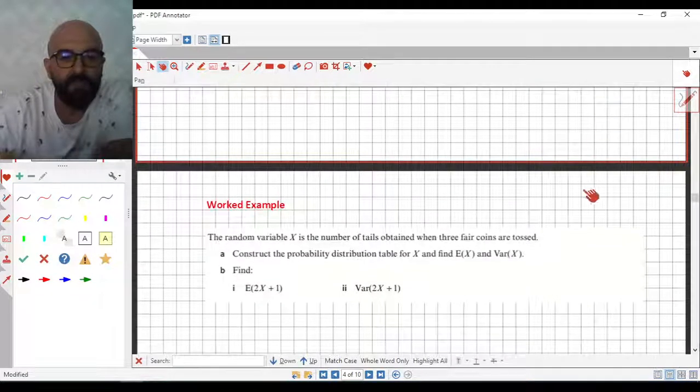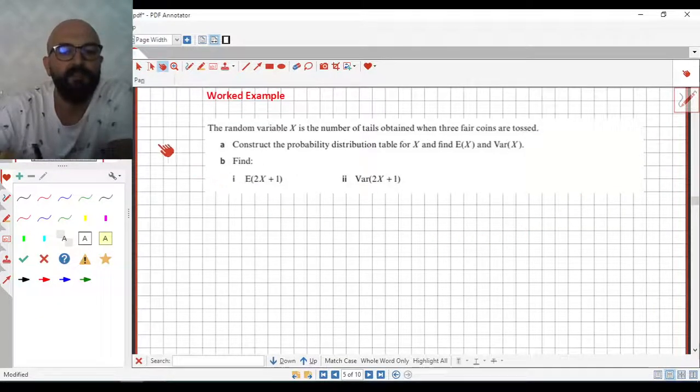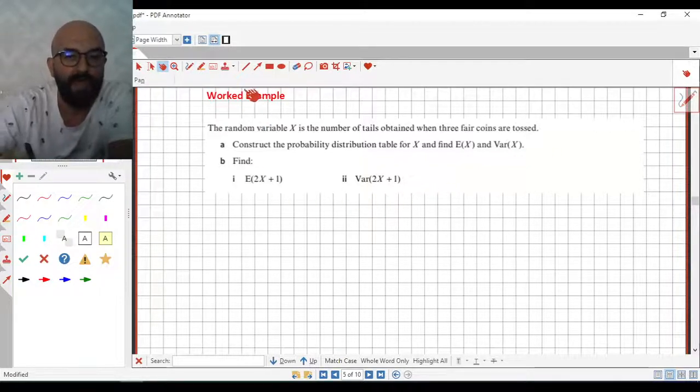Now we have another example. The random variable x is the number of tails obtained when 3 fair coins are tossed. Construct the probability distribution table for x and find the expected value of x and the variance of x.